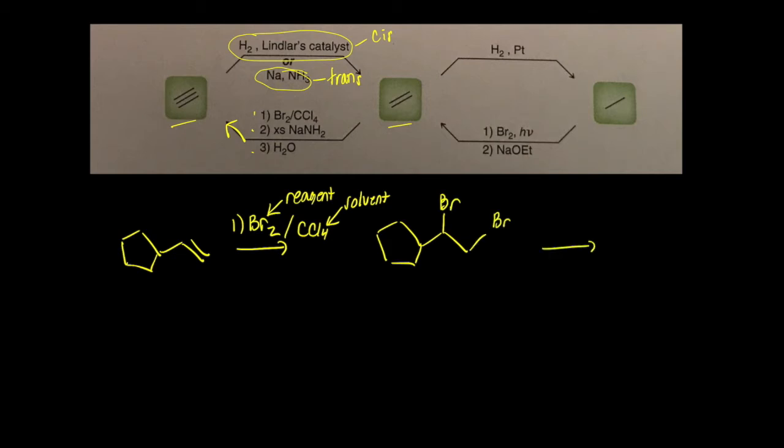And as I mentioned before, I'm quite lazy with this. I just write 2 equivalents of NaNH2. Okay. And so 2 equivalents of NaNH2 gives you the alkyne. Okay. And so, yeah, that's a very, very common type of thing. This is chapter 11. We'll talk about that later.